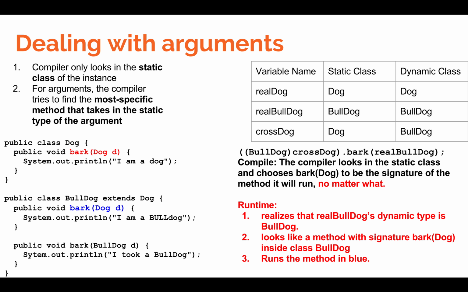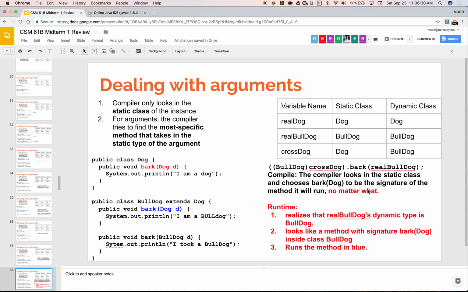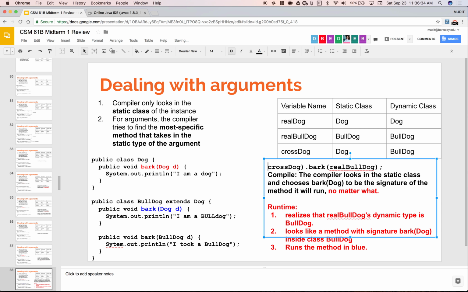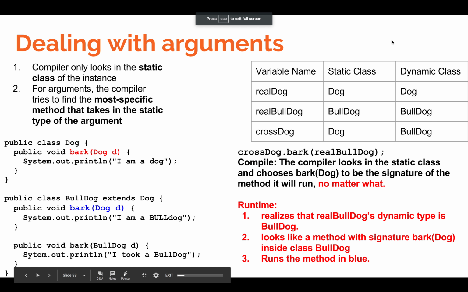Step by step, absolutely. Let me change this back to what it was. Okay. Step 1. I will check cross dog's static type. It is dog. Correct?